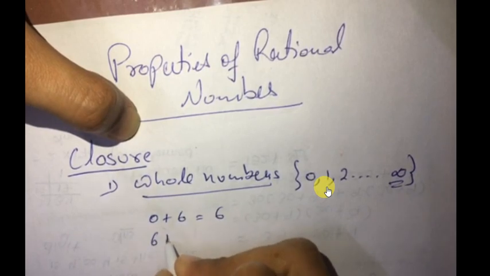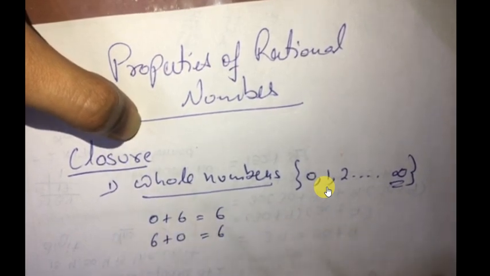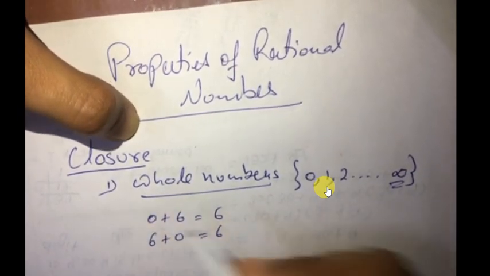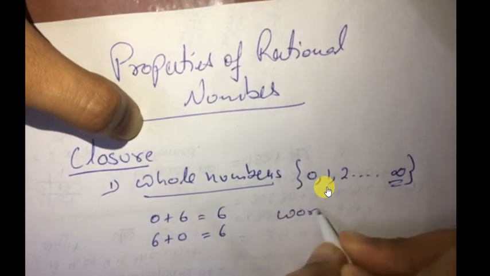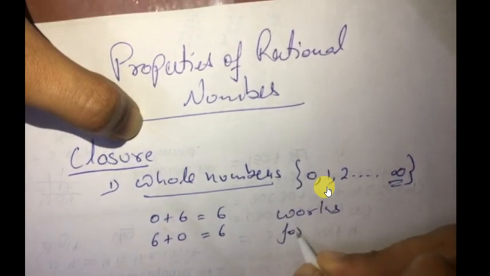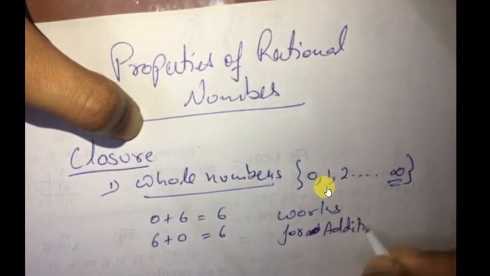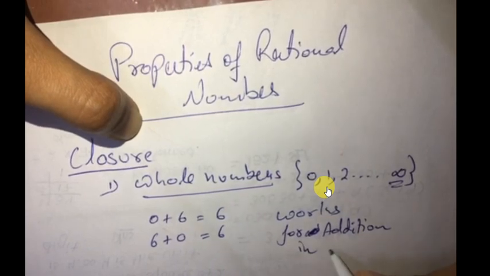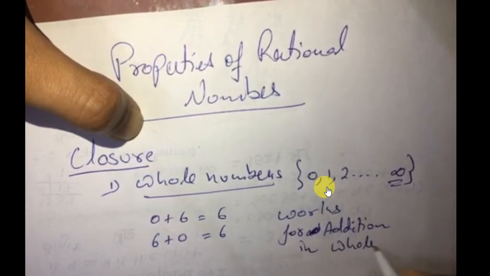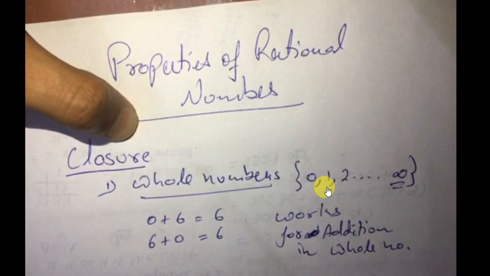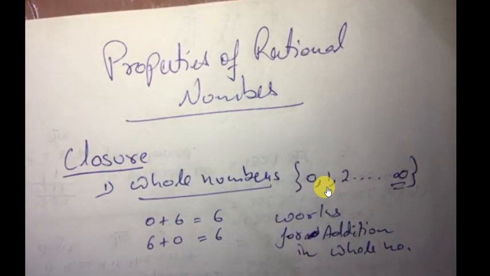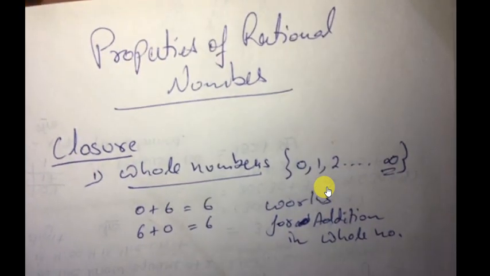Or if I write 6 plus 0, it will also give 6. So the closure property works for addition in whole numbers.